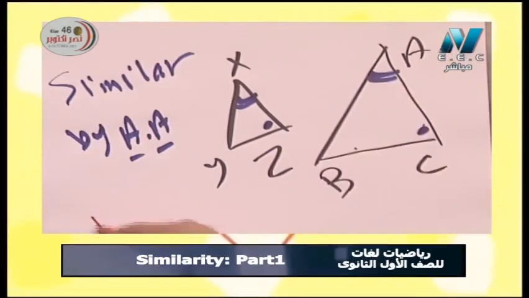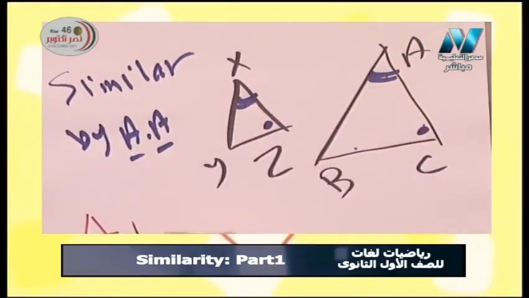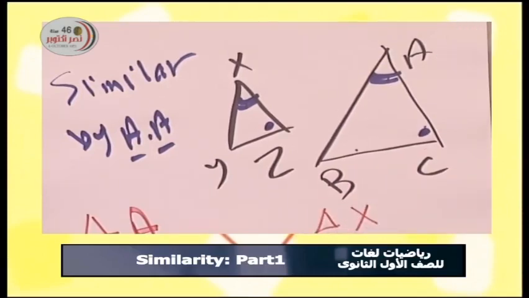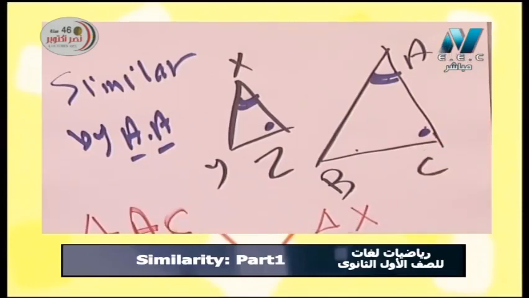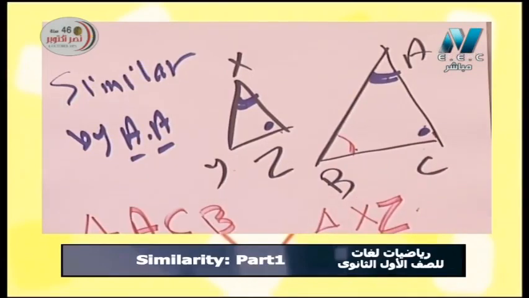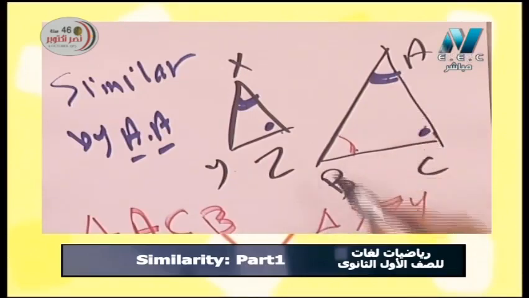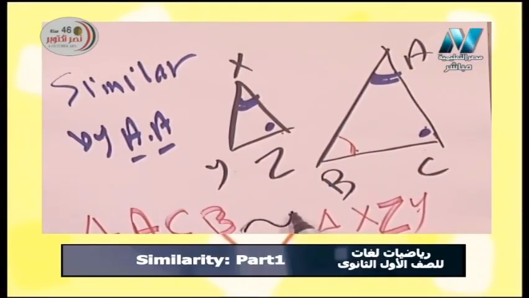If we start with triangle A, measure angle A equals measure angle X, so we write A and we write X. After A, we mention C, the corresponding to C is Z, and the corresponding of B will be Y. So when we speak about similarity, triangle ACB is similar to triangle XZY, and we put the sign of similarity here.